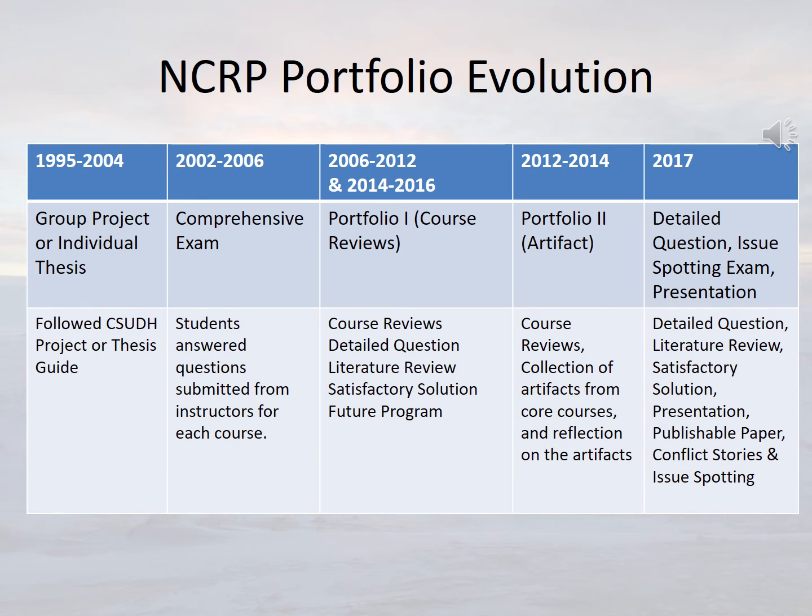Our department chair, the dean, and an external evaluator have provided feedback on this process. The new portfolio replaces the future program with a presentation and publishable paper. We have also replaced the course reviews with an issue spotting exam and conflict stories.